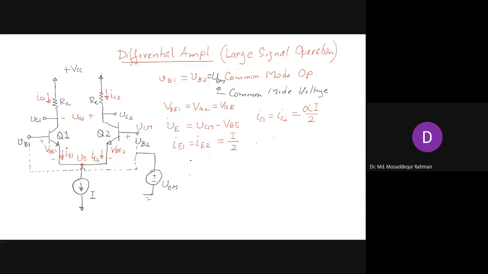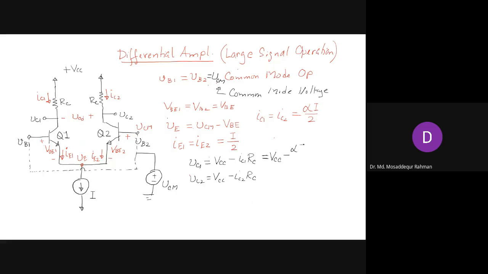VC1 will be this voltage VCC minus IC1 RC, and VC2 will be VCC minus IC2 RC. And IC1 we have already determined, so that is alpha I by 2.